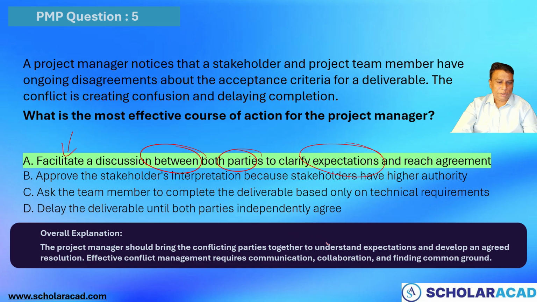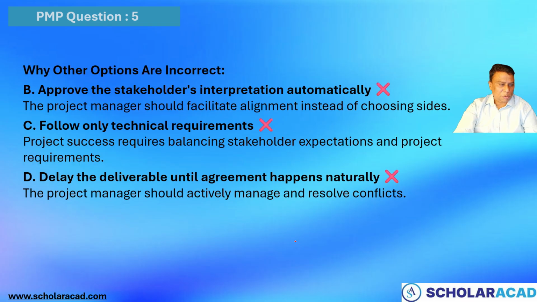So bring the parties together and understand expectations, conflict management, communications, collaboration and common ground rules. Option A should facilitate alignment, not choosing sides, my bad. Project success requires balancing stakeholder expectations and project requirements. You should actively manage and resolve conflict in your project.